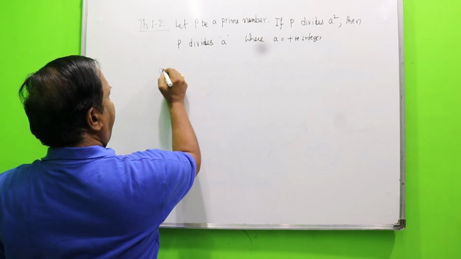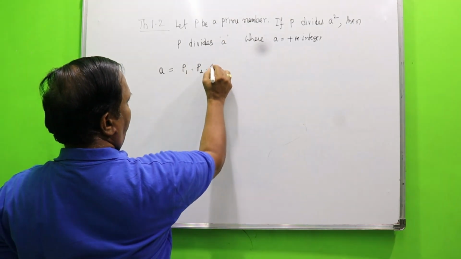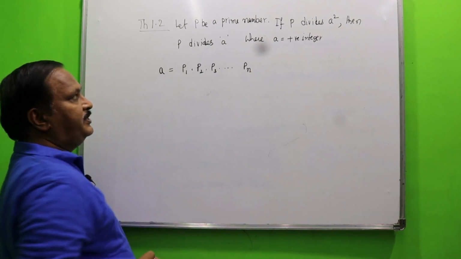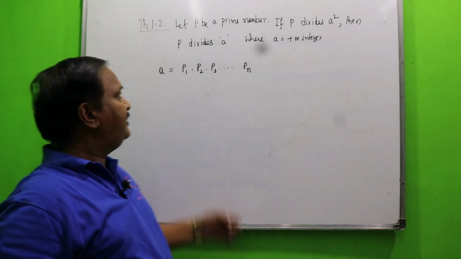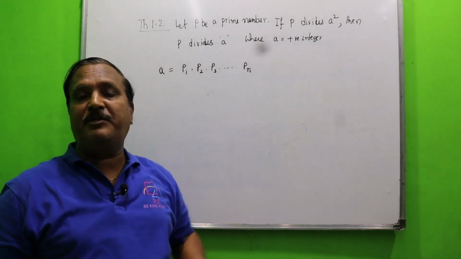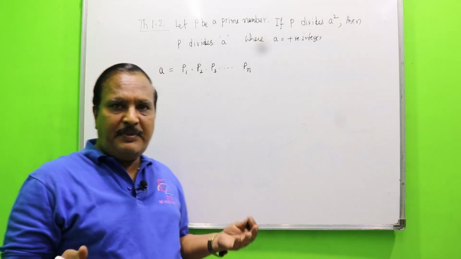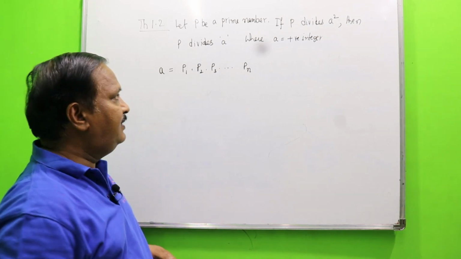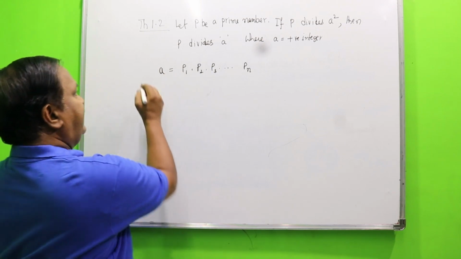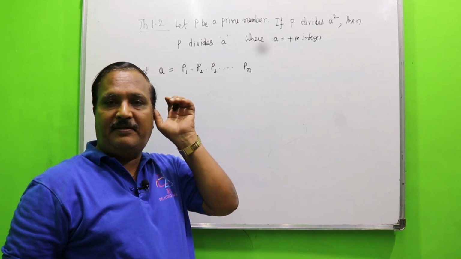Let us say A is equal to P1 into P2 into P3 and so on up to Pn. A is a composite number, positive integer. So A is the product of P1, P2, P3, that means P1, P2, P3 up to Pn are the factors. They need not be the same, right? They may be different also. But let A is equal to P1 into P2 into P3 into Pn.